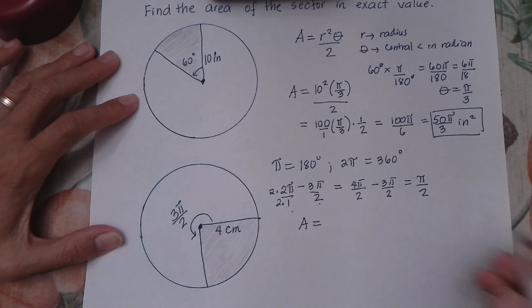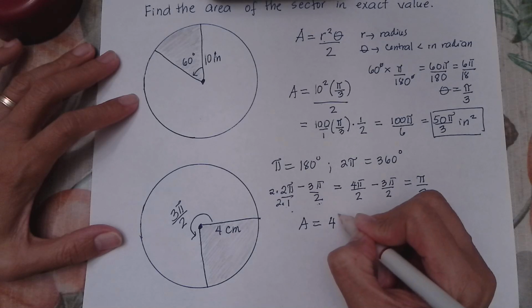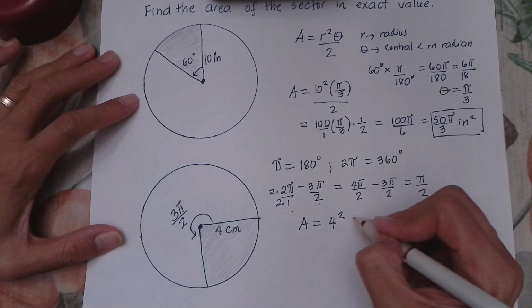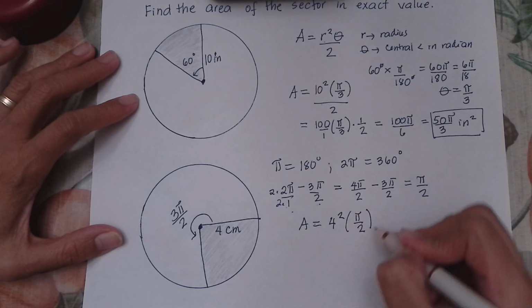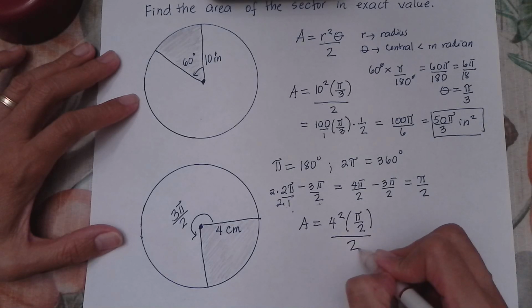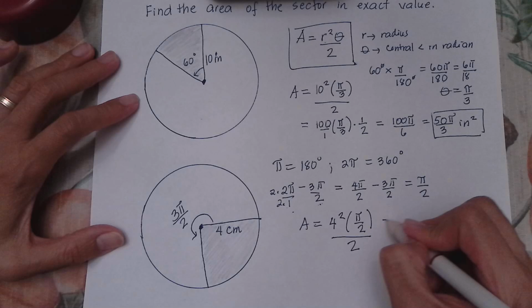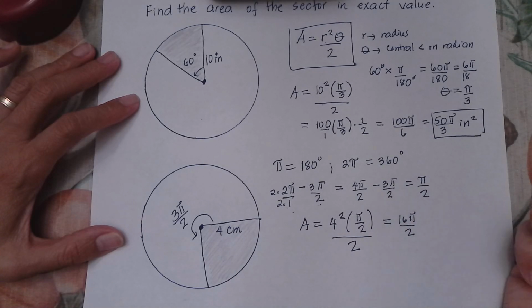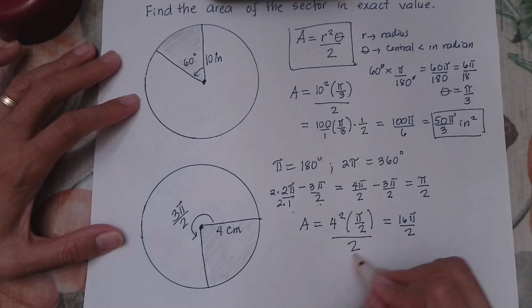Area of the sector is r squared, so our r is 4. And then our theta is pi over 2. And divide our answer by 2, because that's our formula here. So we have 16 pi over 2. Then we have divided by 2 at the bottom here.